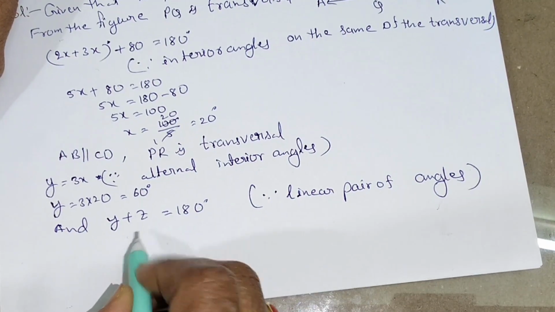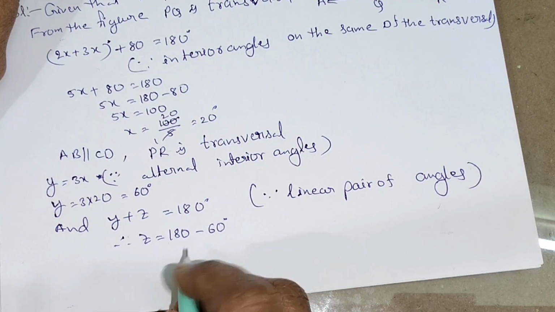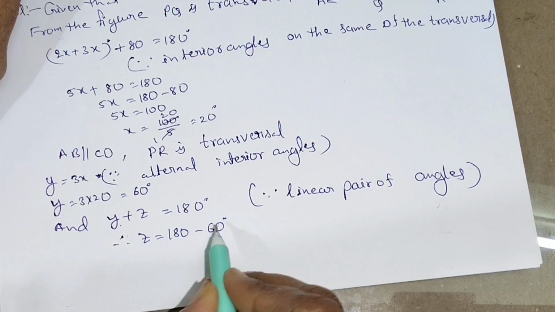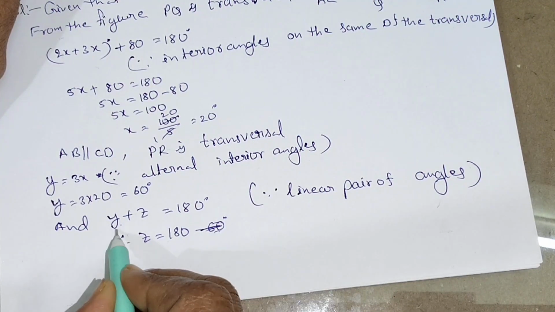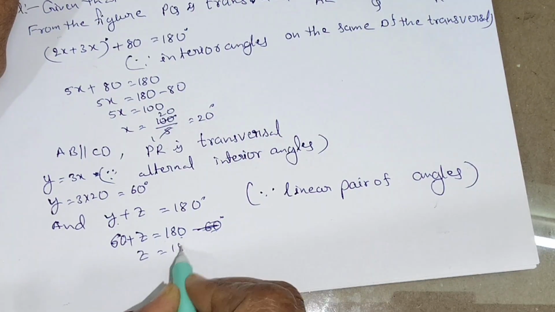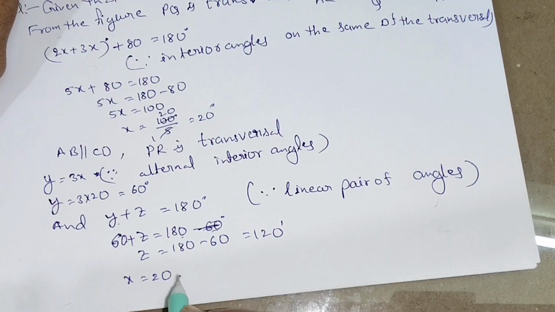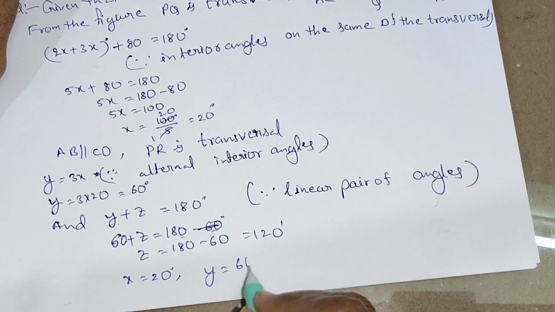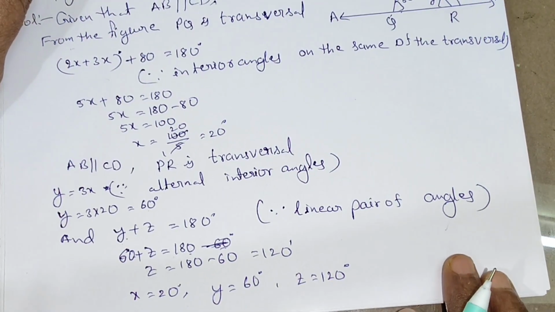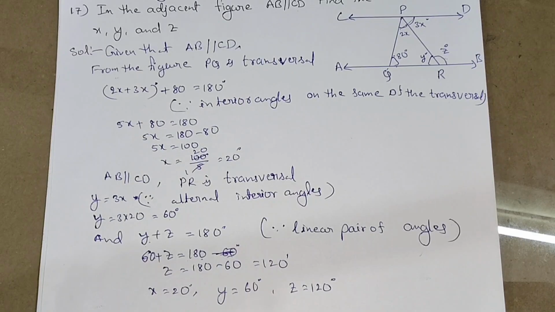We substitute the y value: 60 plus z is equal to 180. z is equal to 180 minus 60, that is 120. So x equal to 20 degrees, y equal to 60 degrees, z is equal to 120 degrees. This is the complete 17th answer.